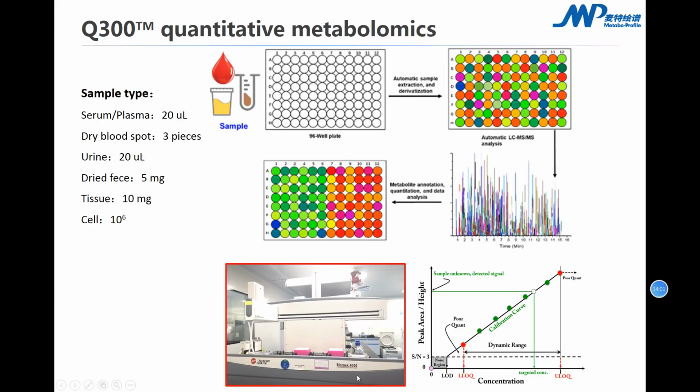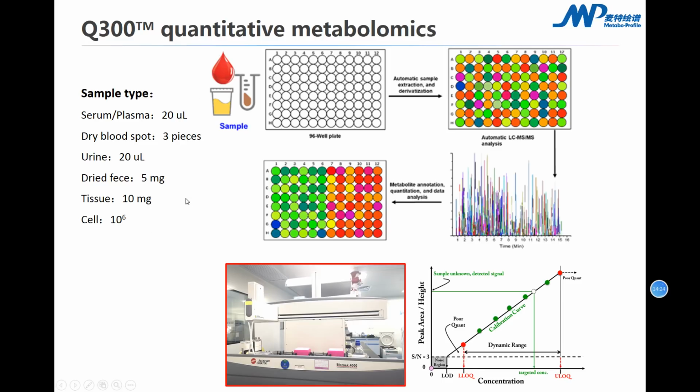This workstation looks like this. This is a real chromatography spectrum of a standard mixture. Except for calibration standards, QCs, and blanks, 86 samples can be detected in a 96 well plate.